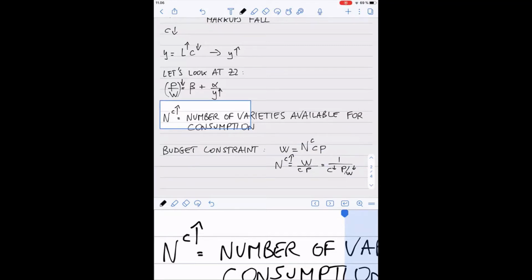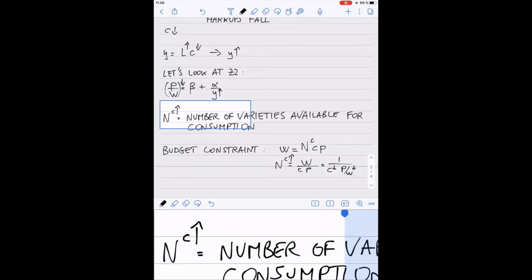I mean, that makes sense, right? We established before that the consumption for each individual variety is declining. Well, that means that consumers are buying more varieties. We know that this is a good thing because consumers exhibit love for variety.